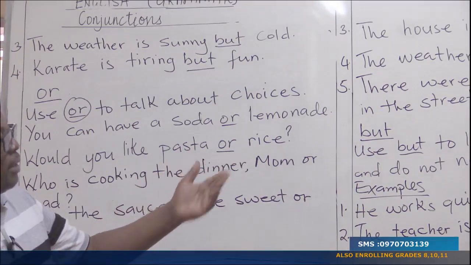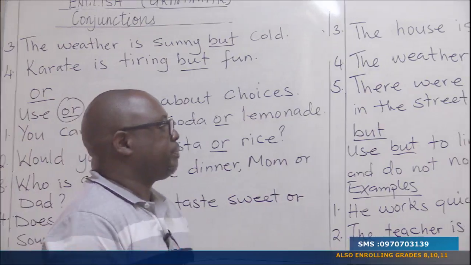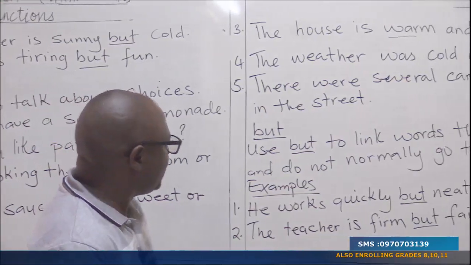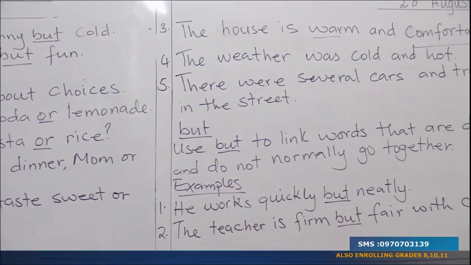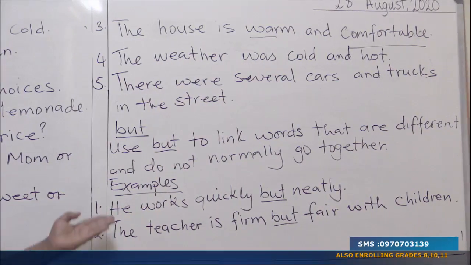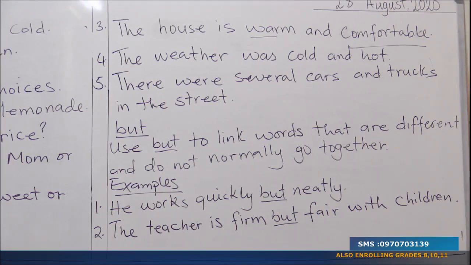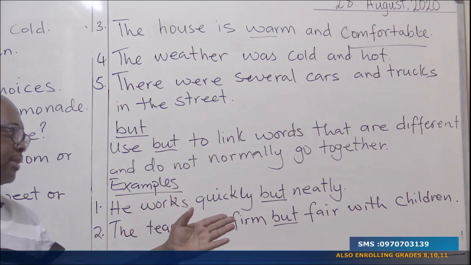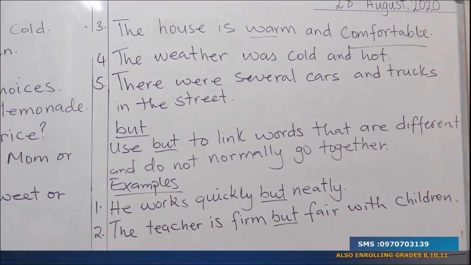Then with but, we said but is used to link words that are different and do not normally go together. And we looked at these sentences, for example the first one, he works quickly but neatly. And we looked at this example, the teacher is firm but fair with children.